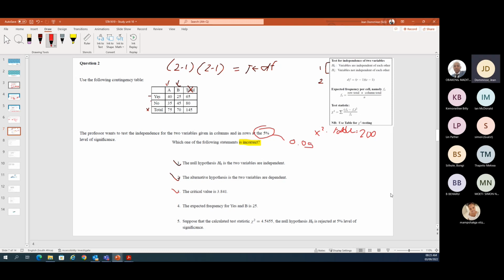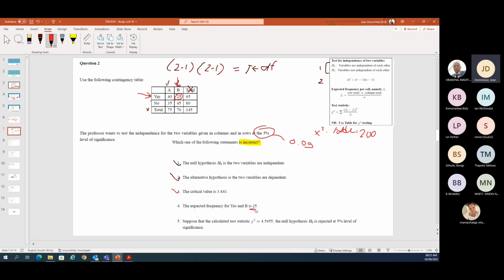Now they're throwing in that we need to work out an expected frequency. So the frequency for yes and for B. They basically want us to work out what that expected frequency is going to be.